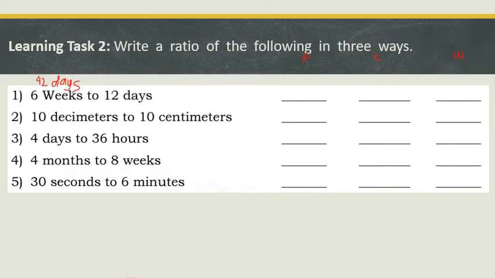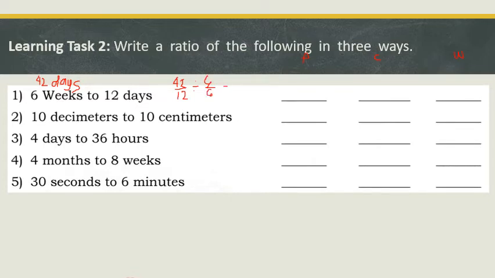Para na silang days. So, kapag sinulat to sa fraction, magiging 42 is to 12. Ang 42 is to 12 ay pwede pa natin i-divide. So, ano kaya ang kanilang GCF? So, 6 po.